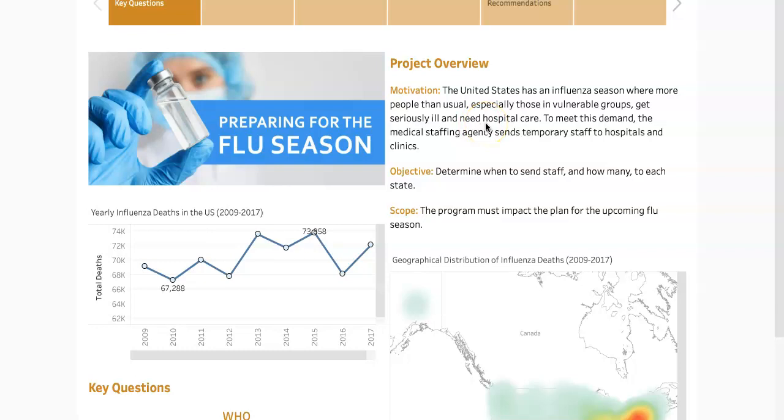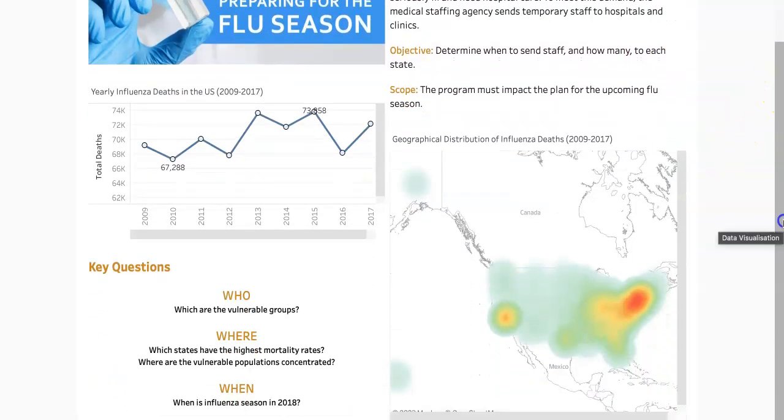But before dispatching any additional staff, we must determine the optimal time and the number of staff required for each state. To achieve this, we need to delve into various aspects, such as identifying who are the most affected age groups and which are the US states that show the highest concentration of both virus spread and vulnerable populations.